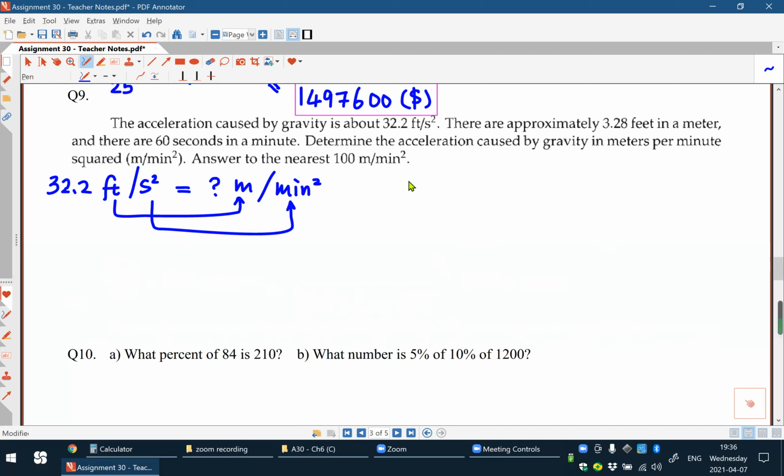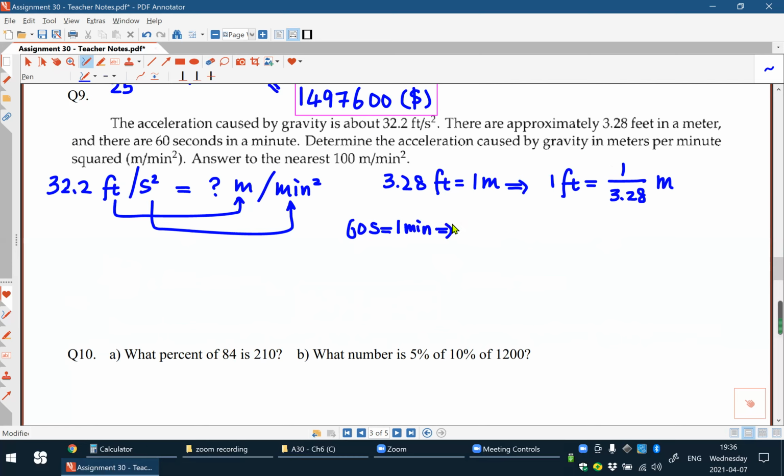Okay, so first of all, we know 3.28 feet equals 1 meter, right? So this tells us that 1 foot equals how many meters? 1 over 3.28 meters, right? Okay, what else do we know? We also know that 60 seconds equals 1 minute.